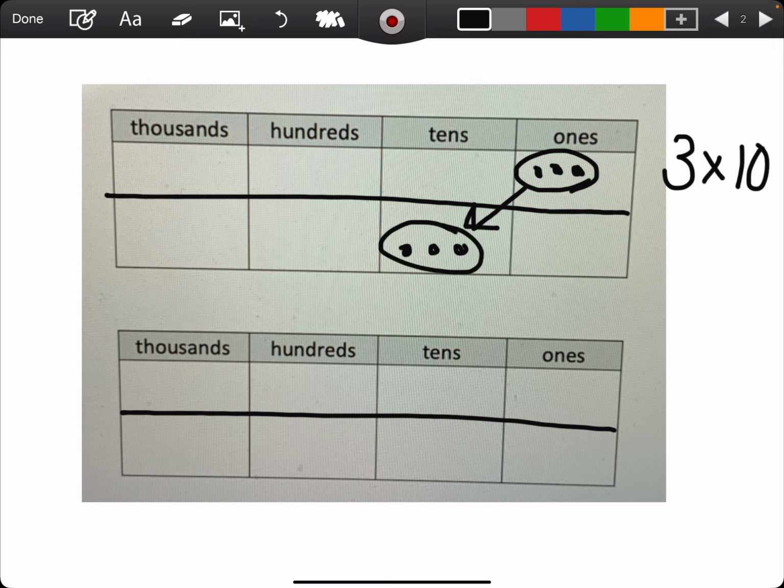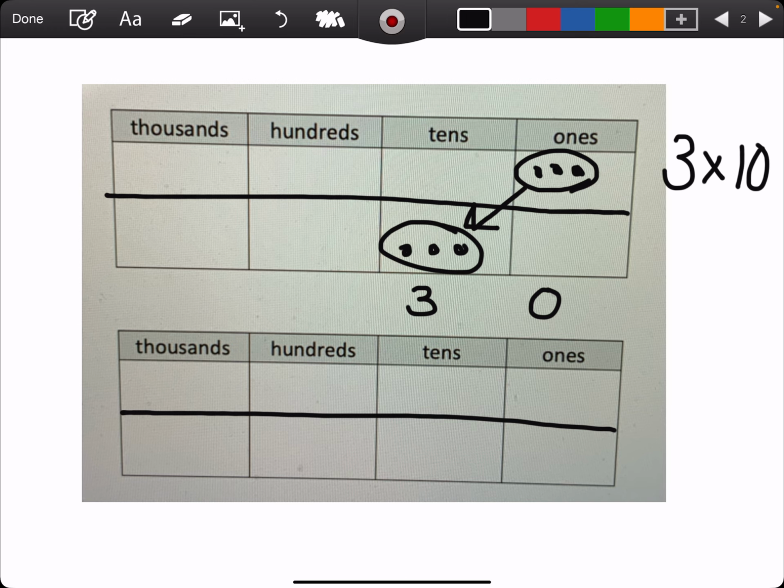And now my 3 ones is now 3 tens, and 3 tens is 30. Actually, 3 tens, 0 ones, so it is 30. So multiplying by 10, 1 shift to the left.